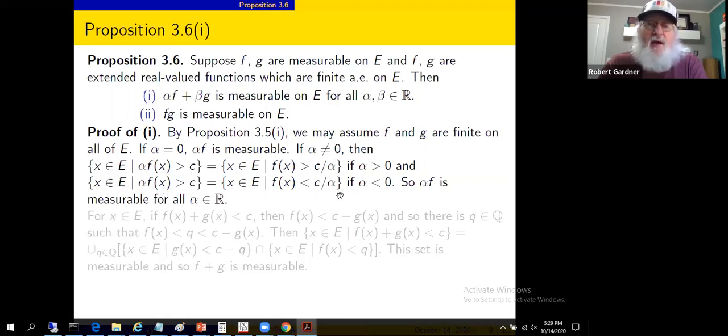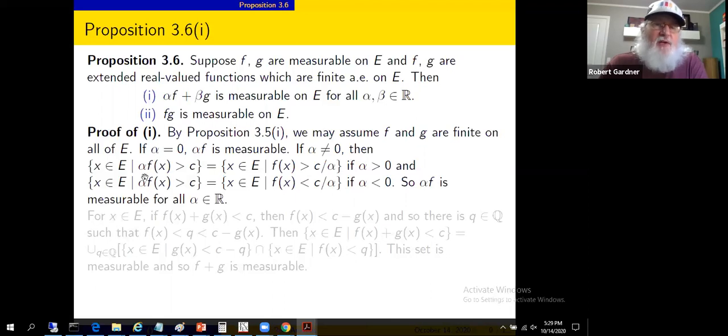We get a c over alpha over here, but alpha is negative, so we get the inequality reversed. But anyhow, knowing f is measurable tells you all these sets are measurable, no matter what c is, given alpha. Same thing here, no matter what c is, given alpha. These sets equal these sets.